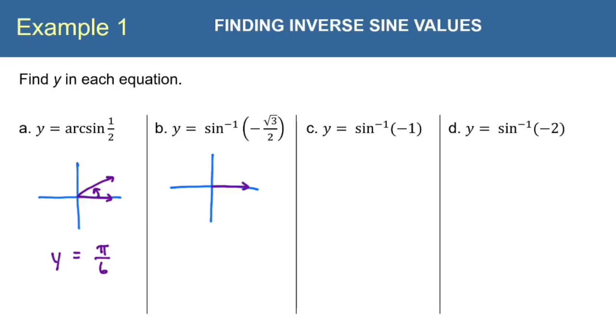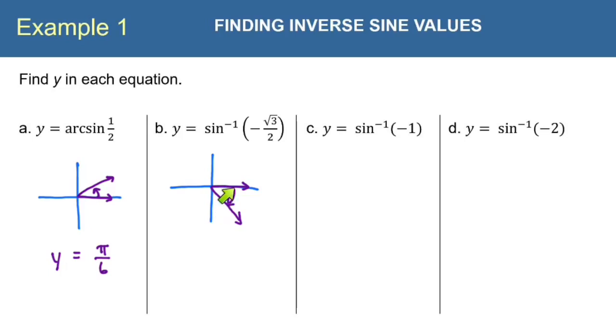So let's draw a quadrant 4 angle. Now remember, it will be a negative angle because our output has to be between -π/2 and +π/2. So we're not going to be going around in the positive direction. That would give us an angle bigger than 3π/2. And our results for sine inverse always have to be between -π/2 and +π/2.